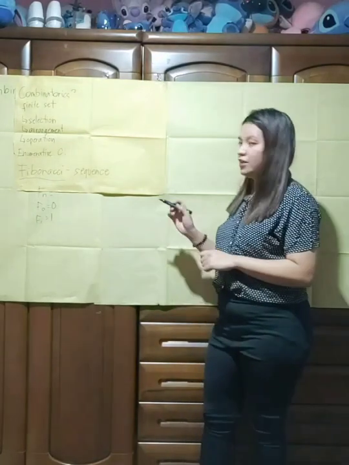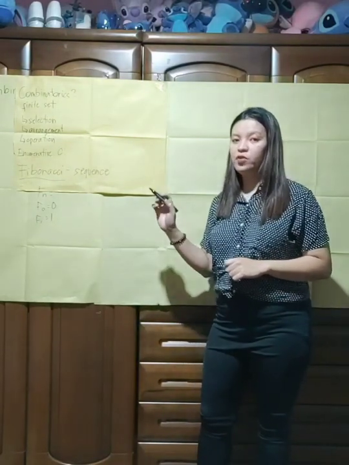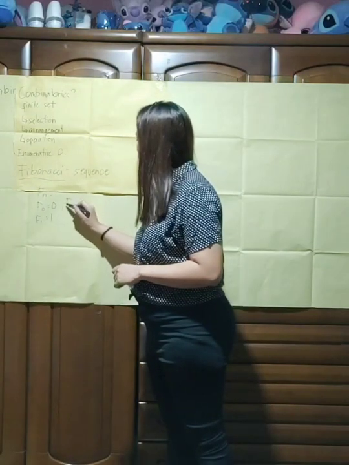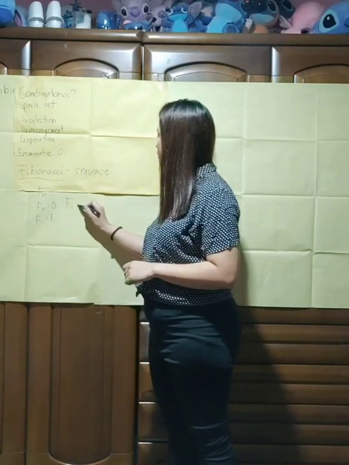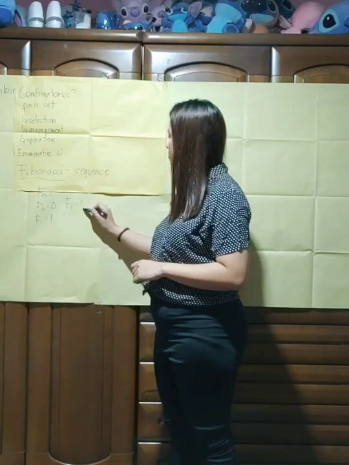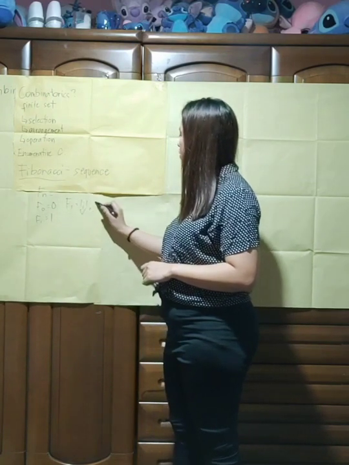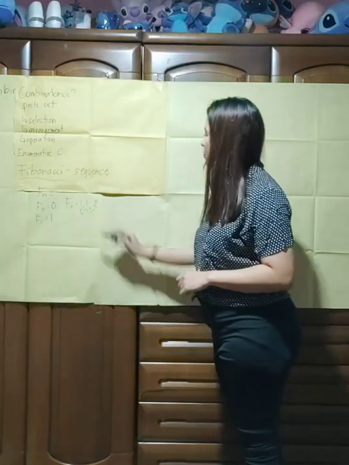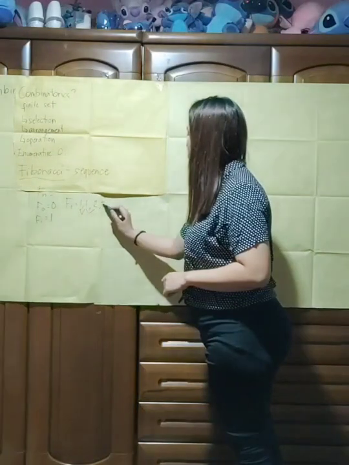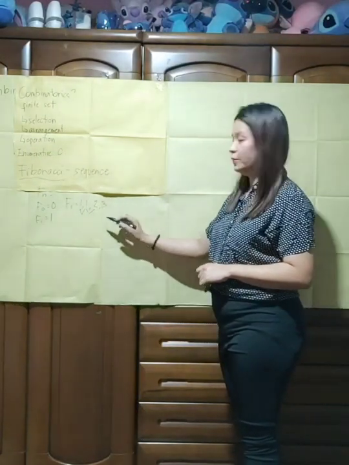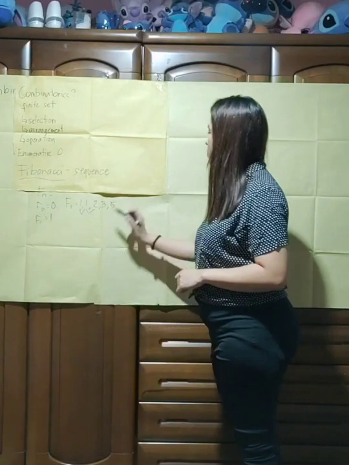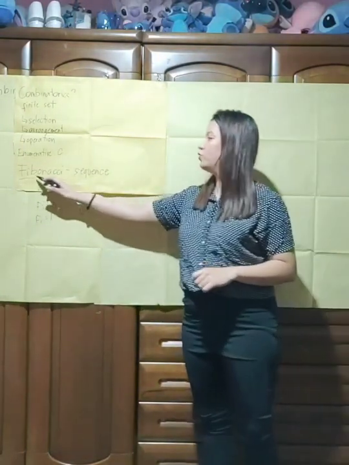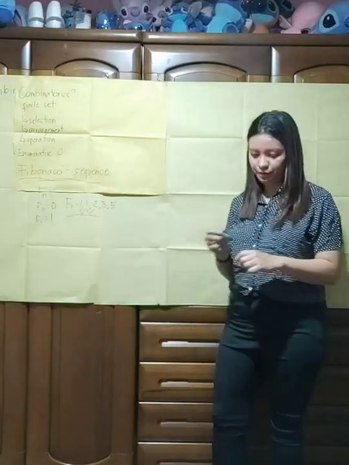Each number is the sum of the preceding ones. For example, you already have 1, so 1 plus 1 equals 2. Then 1 plus 2, the answer is 3. 2 plus 3 equals 5. So that will be the sequence, and that is called the Fibonacci sequence.